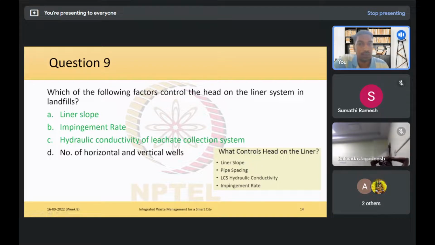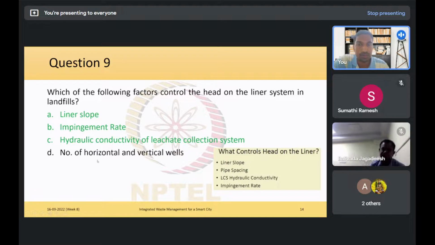If it is more permeable, it can quickly enter into those pipes and then leave. And the third one is the slope. Once the water enters those pipes, the higher the slope, the higher the rate at which it can leave the landfill system, right? So that's how these three factors control the head on the liner system.